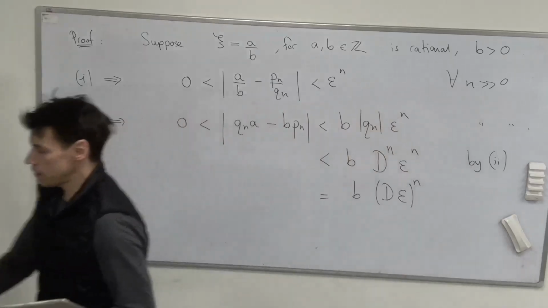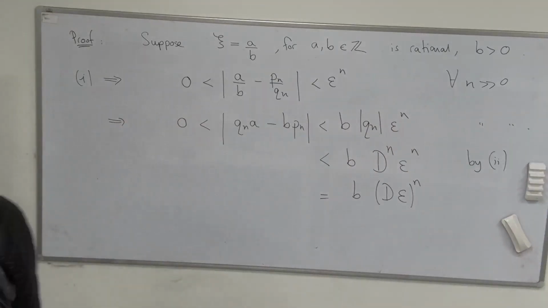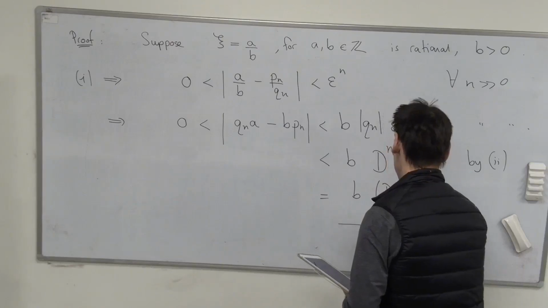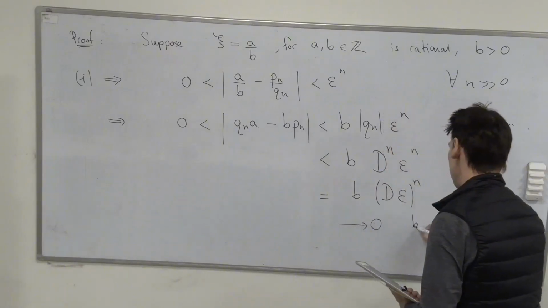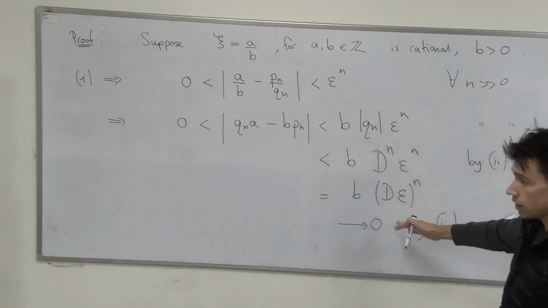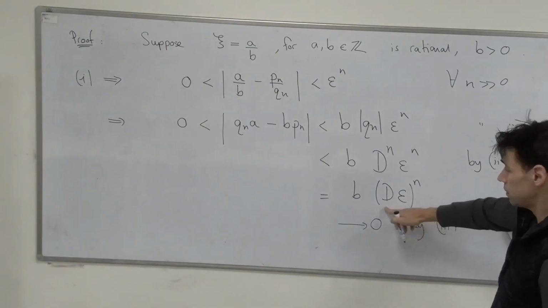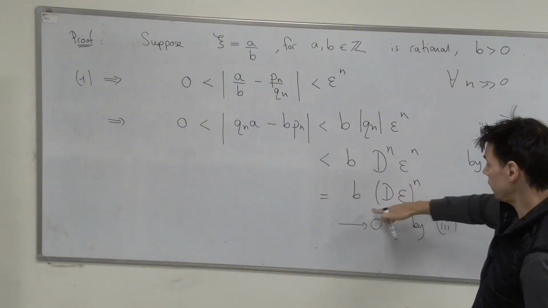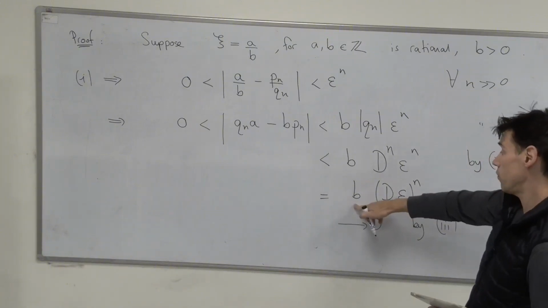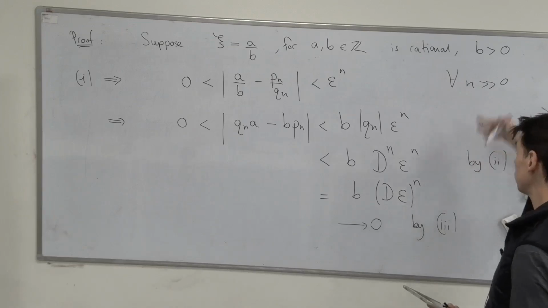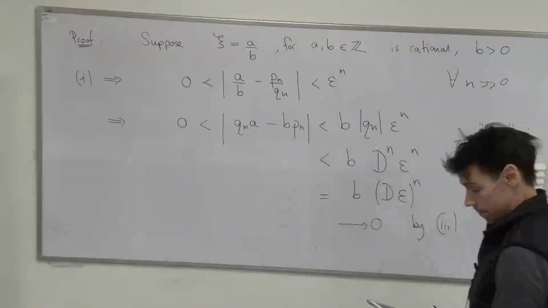And finally, by the third condition, d epsilon is less than 1. This tends to 0 by condition 3. In fact, exponentially fast. So d epsilon is a number less than 1, and it goes to 0 exponentially fast. Eventually, it's smaller than 1 over b. So at some point, this will be less than 1 for all sufficiently large n.